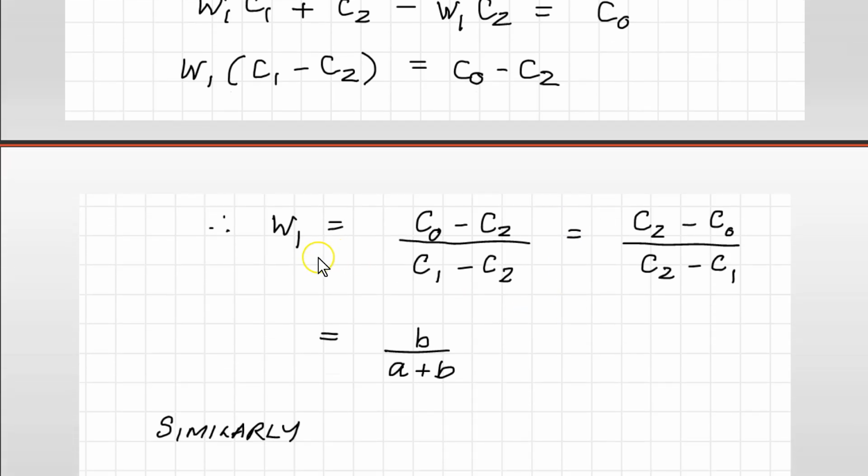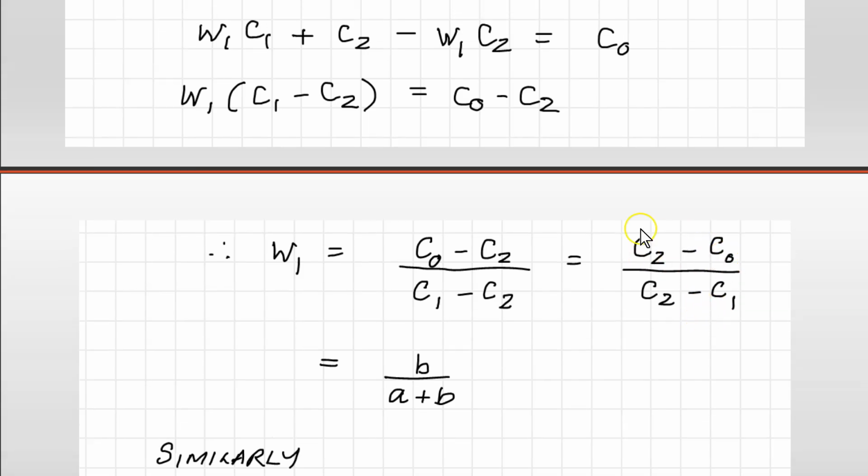We can rearrange this and see that the mass fraction of phase 1 is equal to C sub 0 minus C sub 2 over C sub 1 minus C sub 2. These are going to be negative numbers because C2 is larger than C0 in our diagram, but we can just multiply top and bottom by minus 1 and get this equation.